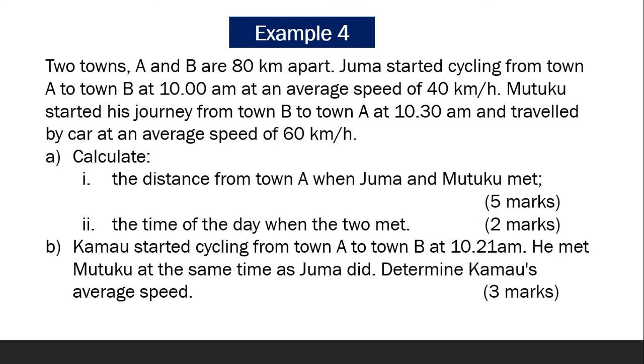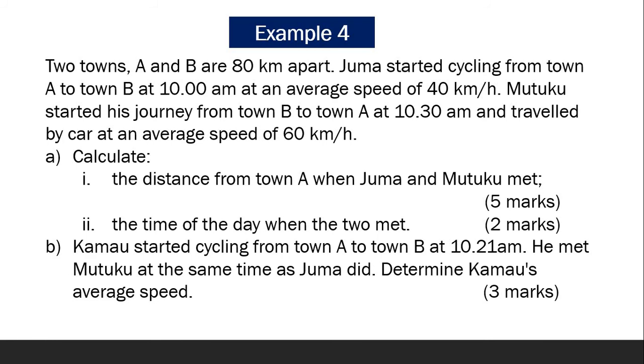A, calculate (1) the distance from town A when Juma and Mutuku met, (2) the time of the day when the two met. B, Kamau started cycling from town A to town B at 10:21 a.m. He met Mutuku at the same time as Juma did. Determine Kamau's average speed.